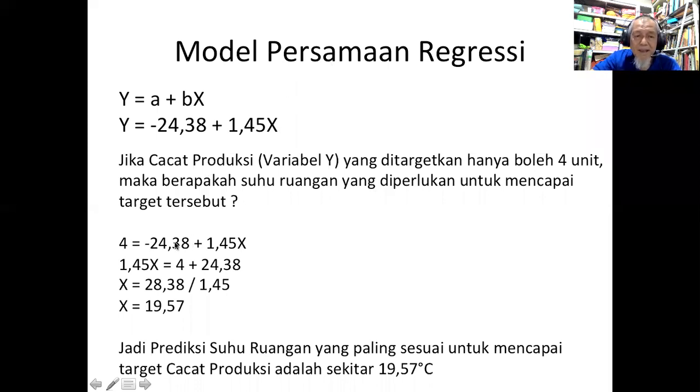We want 4, so this is the criterion, the predicted value. We want 4 defective products, and then we would like to set the temperature. What should the average temperature be? So we calculate this, and we find out that the temperature should be 19.57 degrees by using the formula.